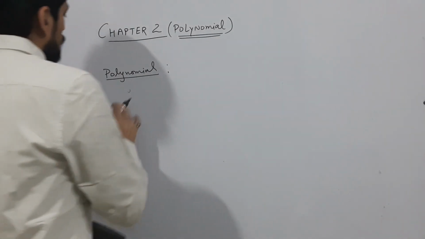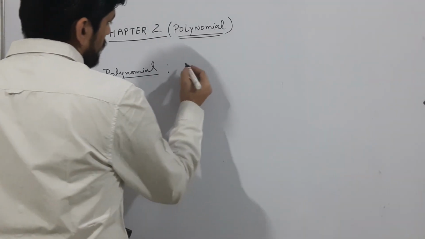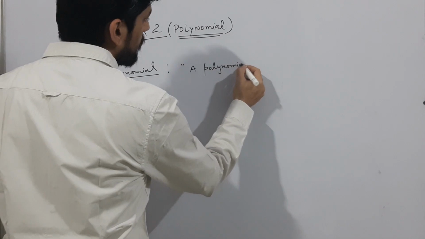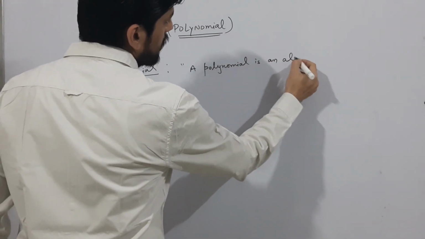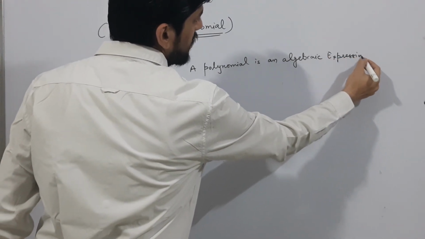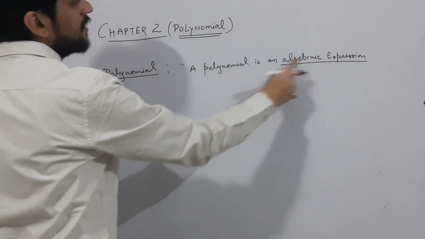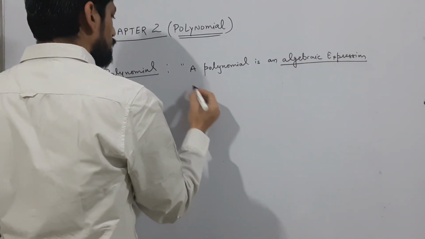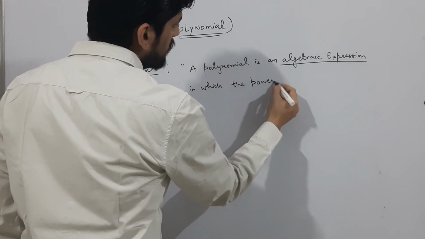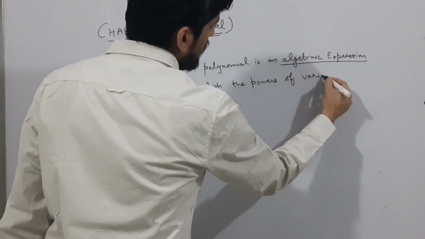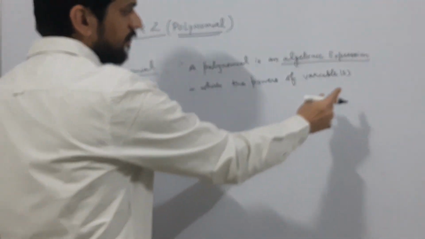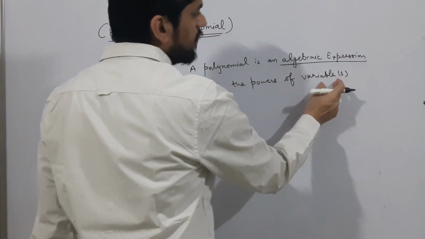In 9th class, the definition of polynomial is like this. A polynomial is an algebraic expression in which the powers of variable, we can use one variable or more than one variable, so that's why I have put it in inverted commas, that means the variable can be one or more than one.